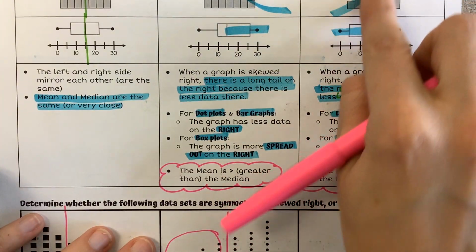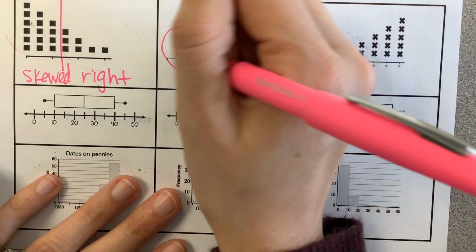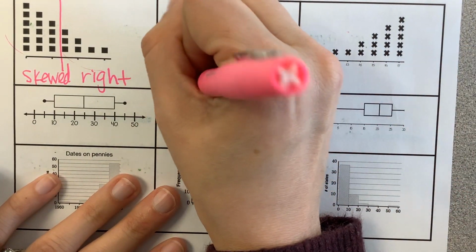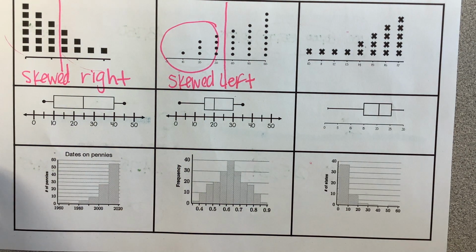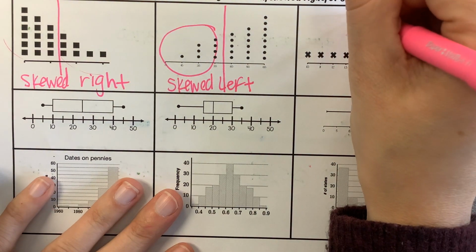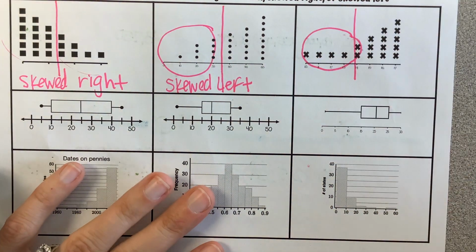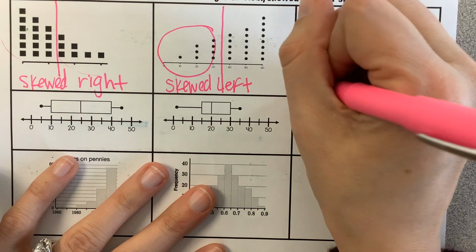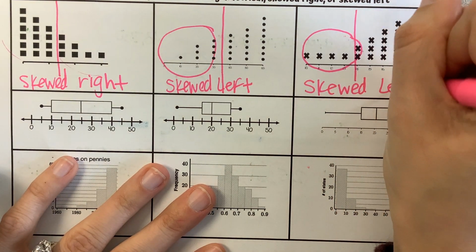When we have less data on the left side, that is skewed left. It's kind of pushed to the left, even though those aren't accurate values. Again, dividing this somewhere in half, there is less data on the left, so it is skewed left.